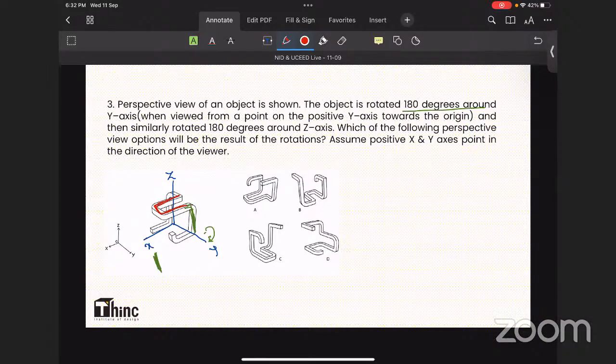After a 180-degree rotation, it will be something like this. This is the top view of this particular one after 180-degree rotation, from through the Z axis.